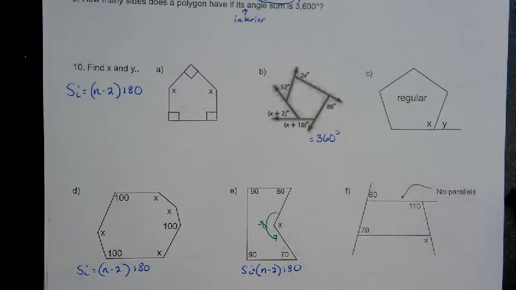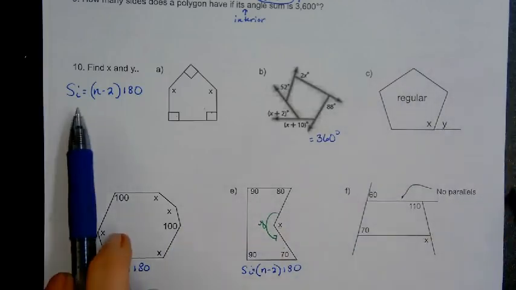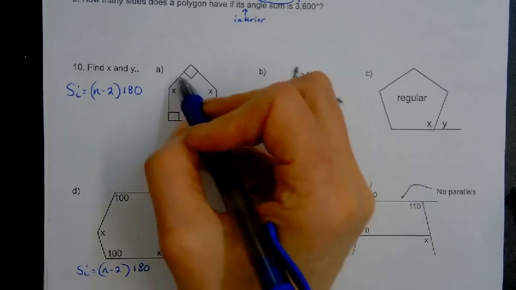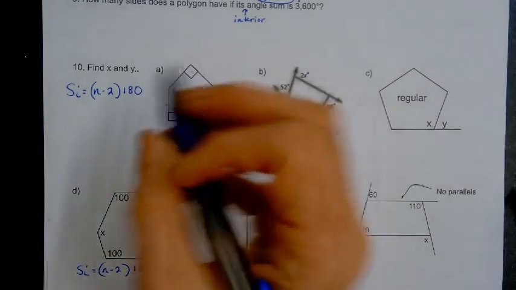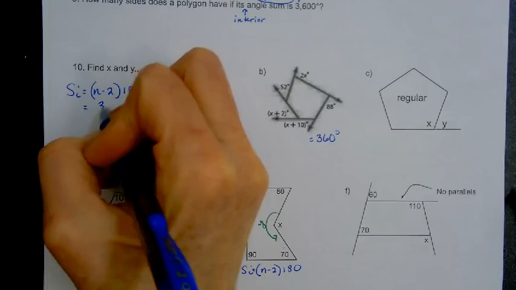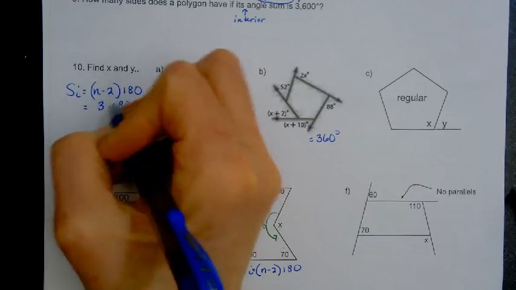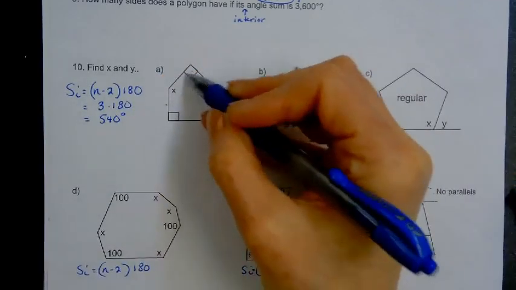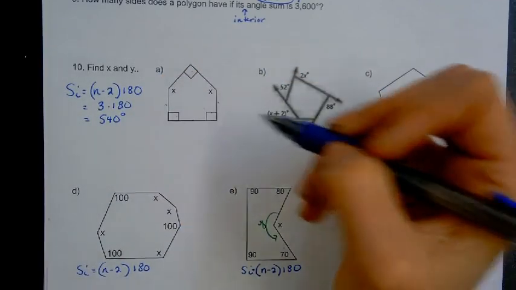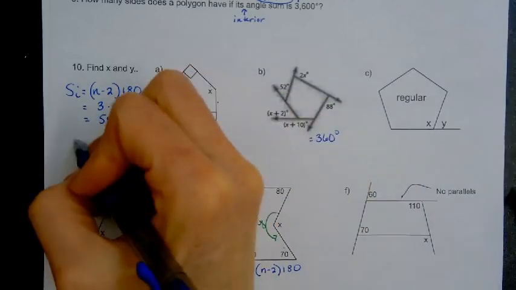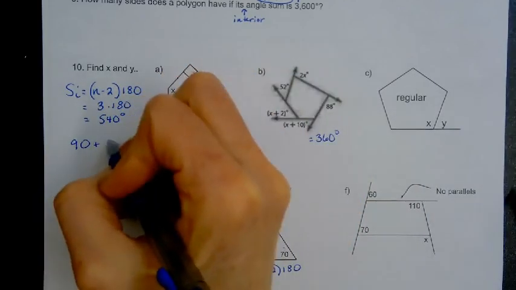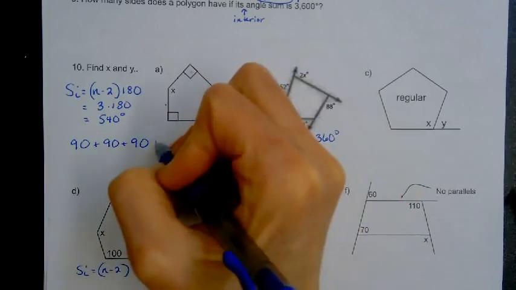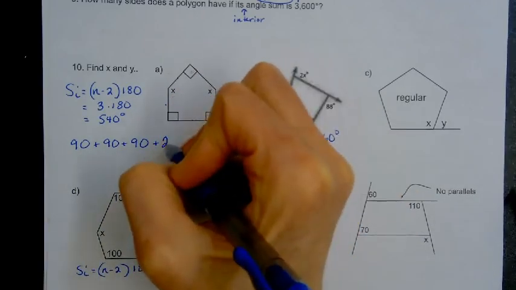So let's look at 10. There's 1, 2, 3, 4, 5 sides. So this becomes 3 times 180, right? 5 minus 2 is 3. This becomes 540. So we know that these interior angles are equal to 540. So I can set up an equation now. 90 degrees plus 90 degrees plus 90 degrees, these are all 90, plus x, that's 2 x's, equals 540.